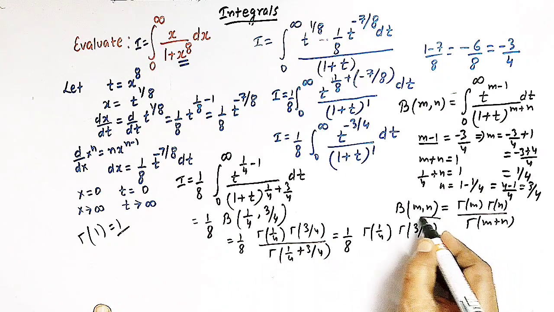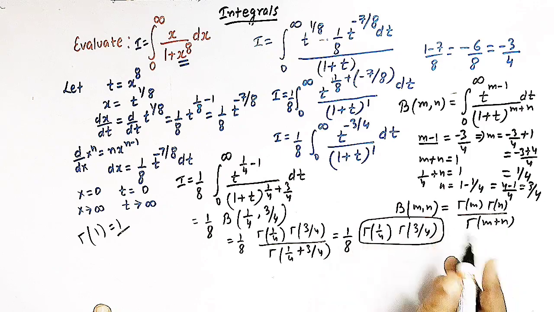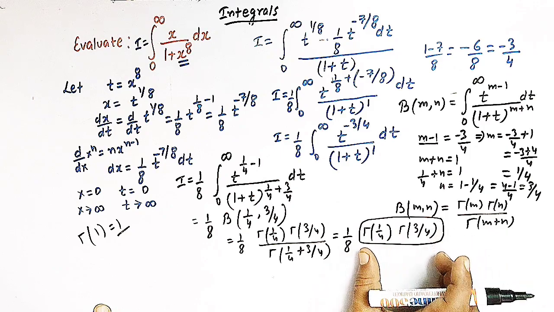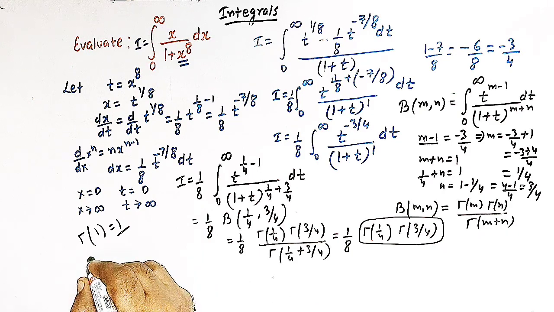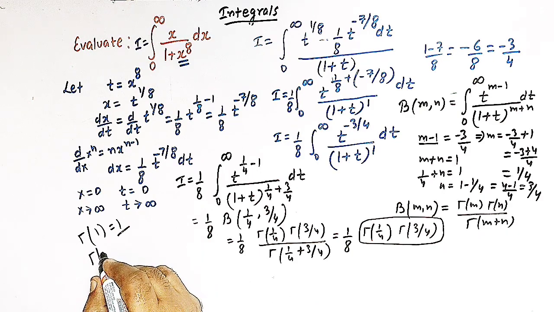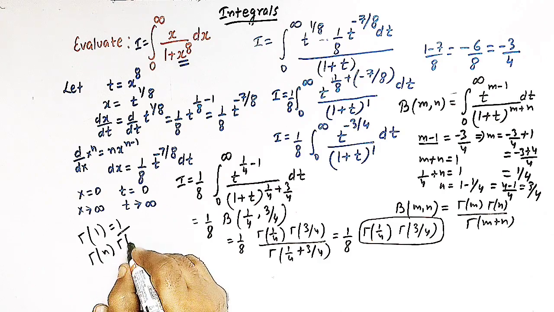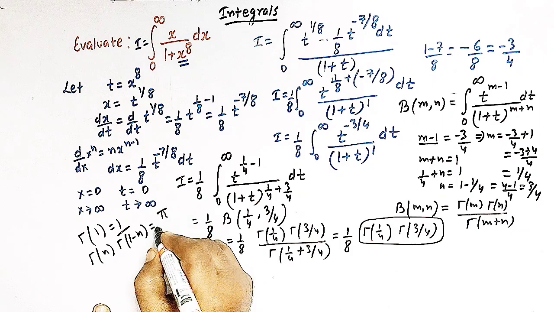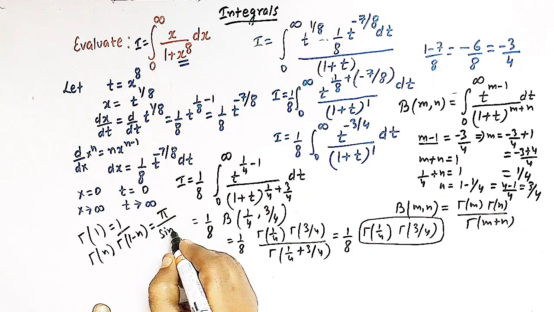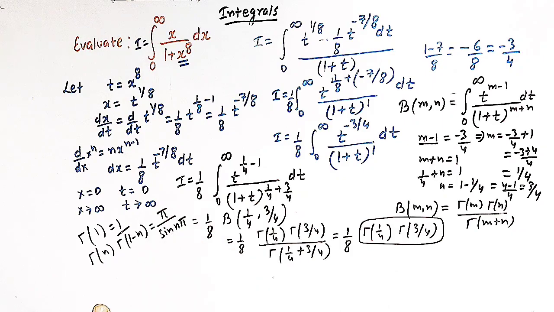Now we have this expression, and to get the value of this expression we have to make use of Euler's reflection formula, which goes like this. That is gamma n gamma 1 minus n is given by pi divided by sine of n pi, right?